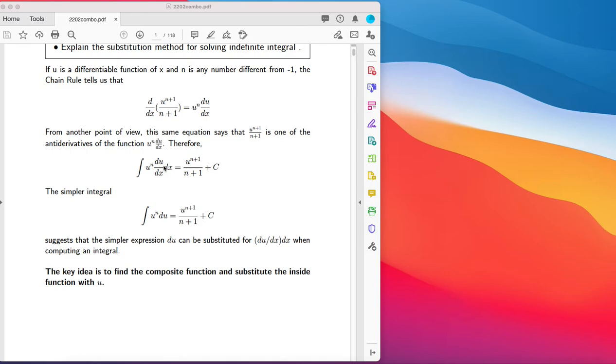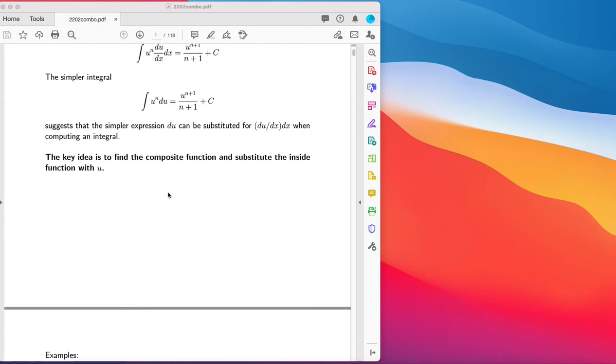That's the idea of using the u substitution. To do that, the best practice is to figure out what the composite function is and then substitute the corresponding inside function with u. That's the brief idea about how to start with the substitution.